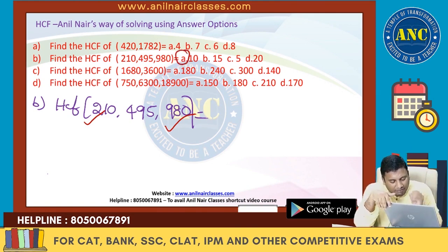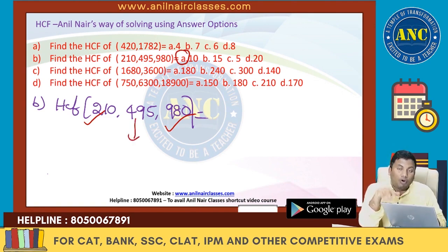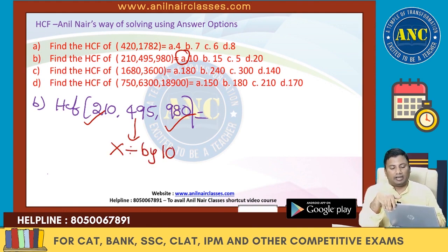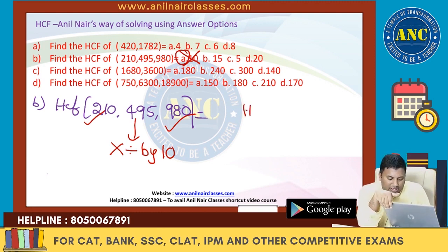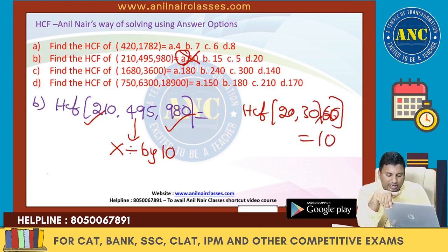If I take the first option, 10, that is also divisible by 10, so 495 should be divisible by 10. 495 is not divisible by 10. 10 is incorrect because of this example: 20, 30, 60, it is 10.